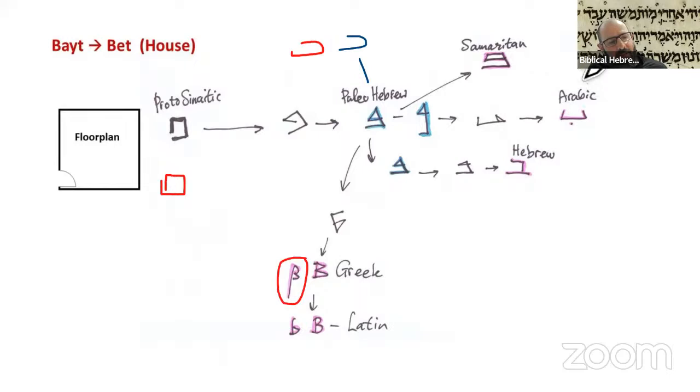This is the Samaritan. What is important for us to learn is the biblical Hebrew. This is what we focus on. Bet, the biblical Hebrew. And this is the modern Hebrew.